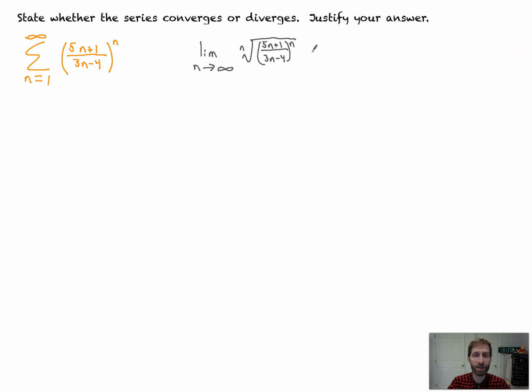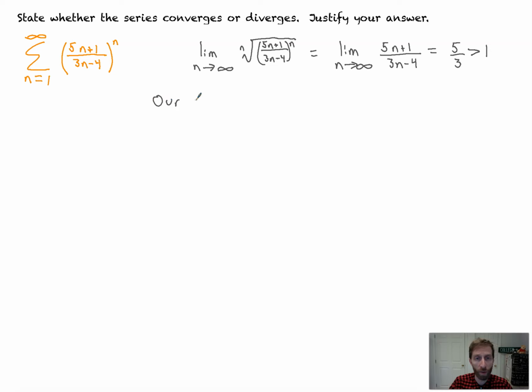The nth root of the nth power is just whatever it is, they undo each other, and you're left with the limit as n goes to infinity of 5n plus 1 all over 3n minus 4, and that's an easy limit to take. The 1 and the negative 4 don't matter as we go to infinity, only the higher powers do. 5n over 3n simplifies down to 5/3, which is greater than 1, so therefore this series diverges.